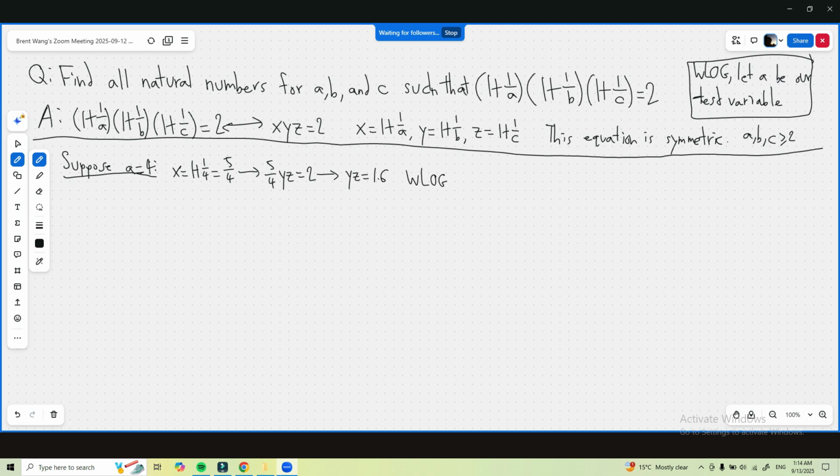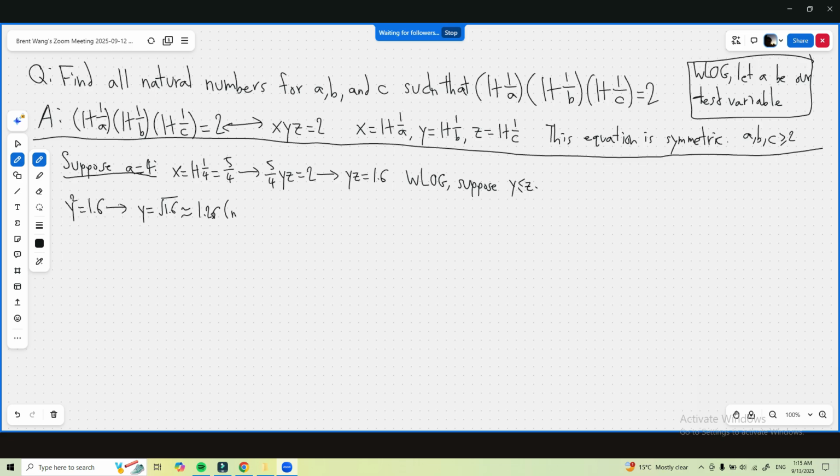Using WLOG again, suppose y is less than or equal to z. Okay, so then you'd have y squared equals 1.6. We've done this 3 times, so I'm just speeding up this process here. So y would equal the square root of 1.6, and when you plug that into your calculator, it's roughly 1.26.